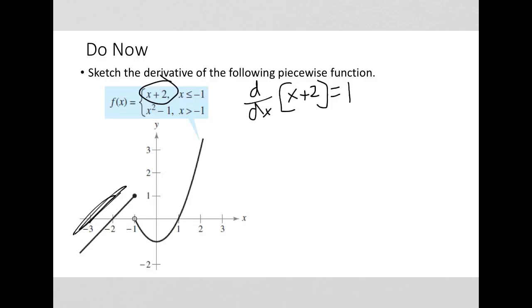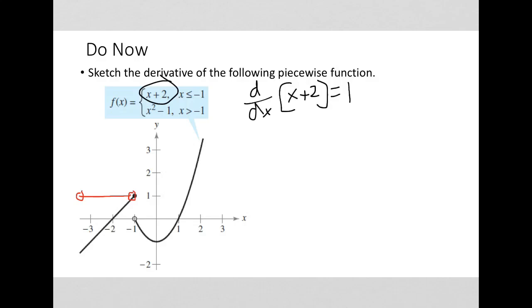The slope of that linear branch right there is 1. So if I sketch my derivative in red, I know the slope at that point is 1. So I need to draw an open circle there over to the smallest x value I have, which is right there. And that is a horizontal line because the derivative is a constant value of 1 there. Slope of a linear equation.